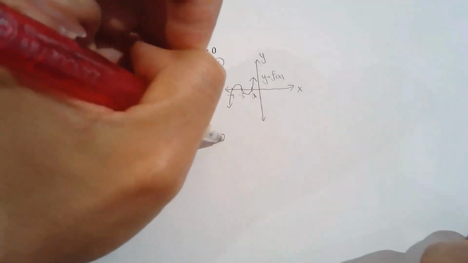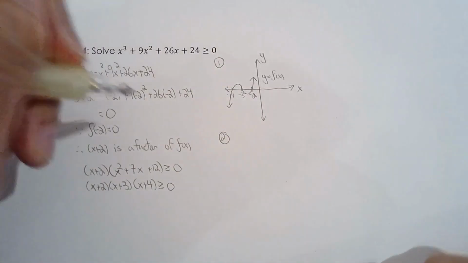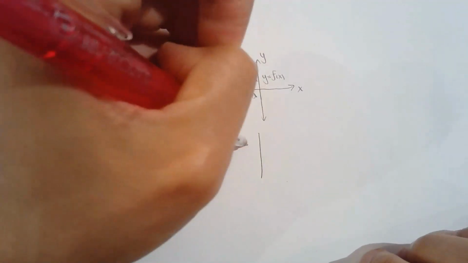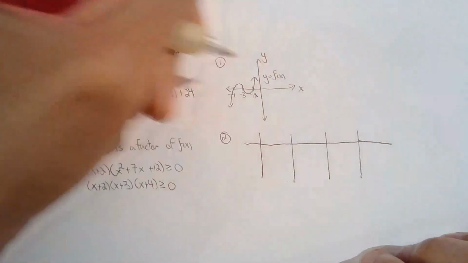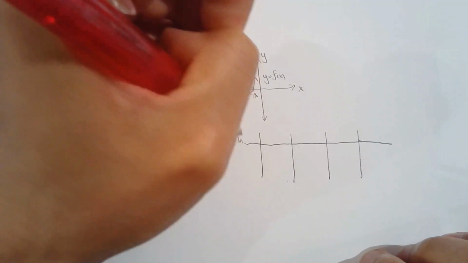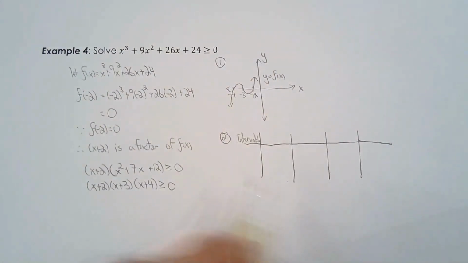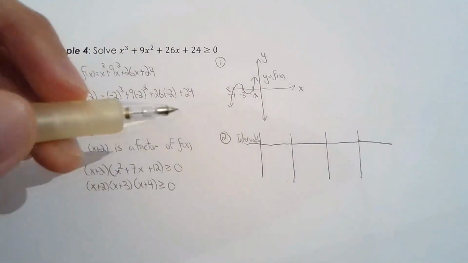Technique number 2 is to solve by using an interval table. So you can say intervals here. By the way, the textbook has a different interval table.